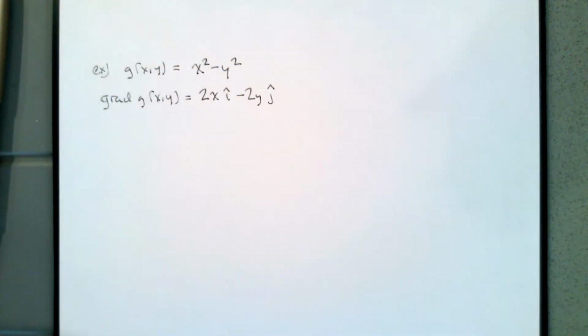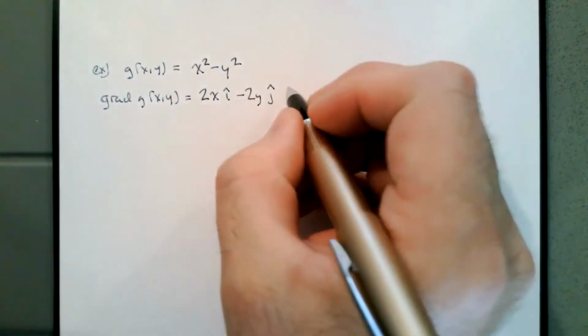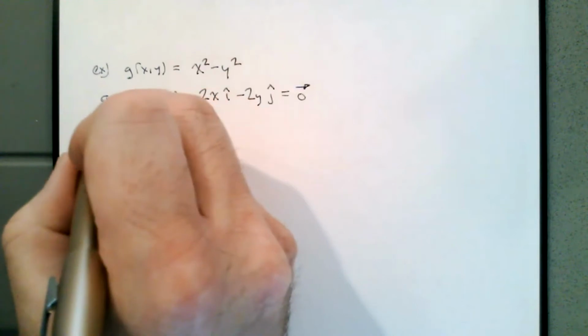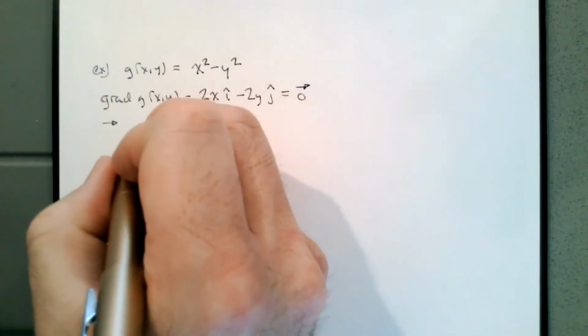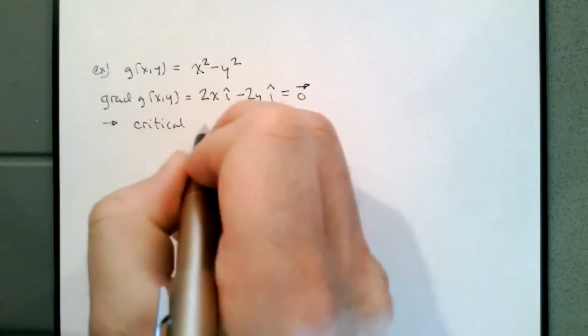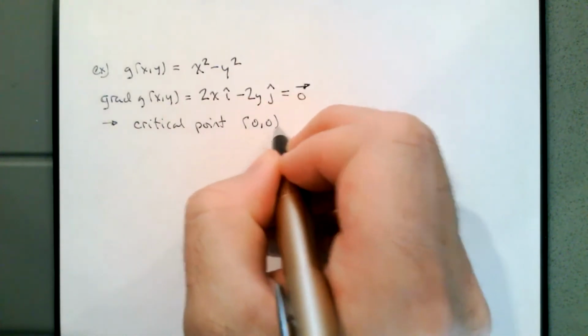If we solve this where the gradient is equal to 0, that will happen at the origin, 0, 0. So if this equals the 0 vector, that means that we have a critical point at 0, 0.